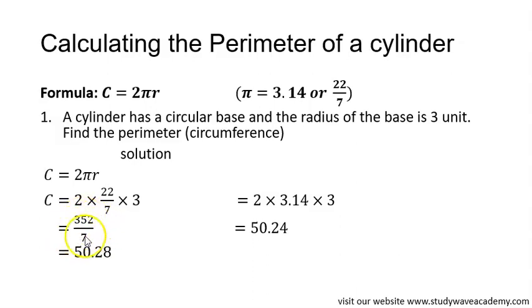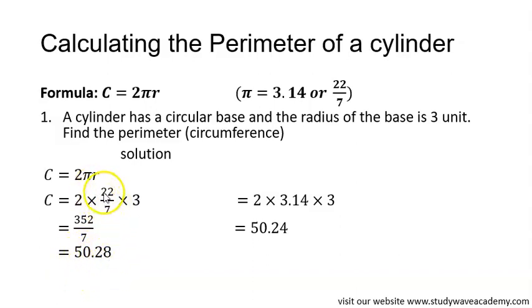Now you are going to divide using the long division method, okay? 132/7, if you divide it, is going to give you 18.86, okay? So the circumference or the perimeter of a cylinder is 18.86.